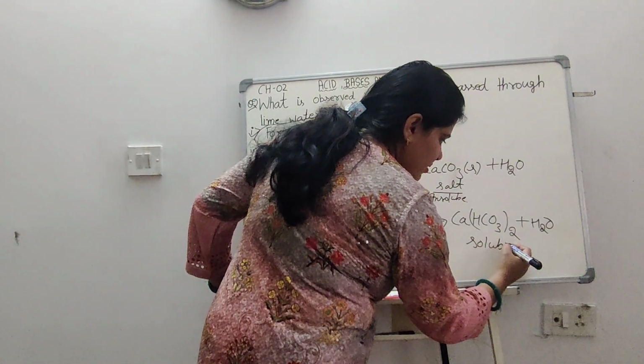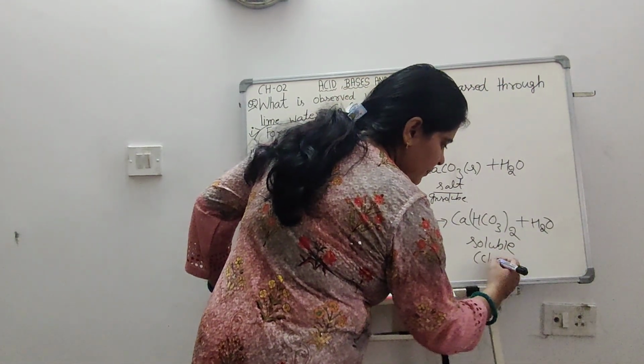Calcium hydrogen carbonate is soluble and the solution becomes clear.